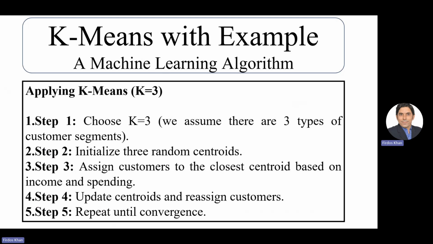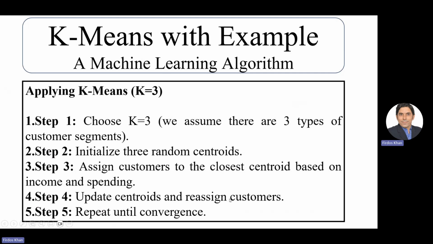On that basis you assign a customer to each cluster, or group member. Of course, you have two pieces of information, income and spending.